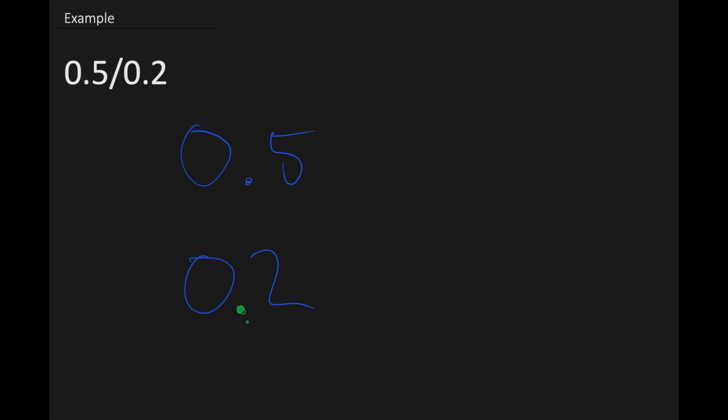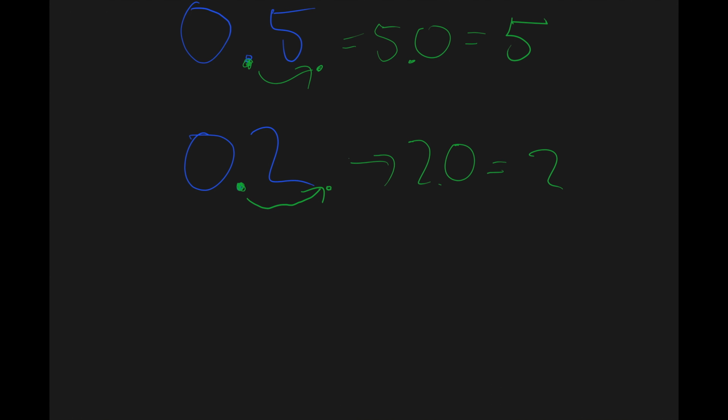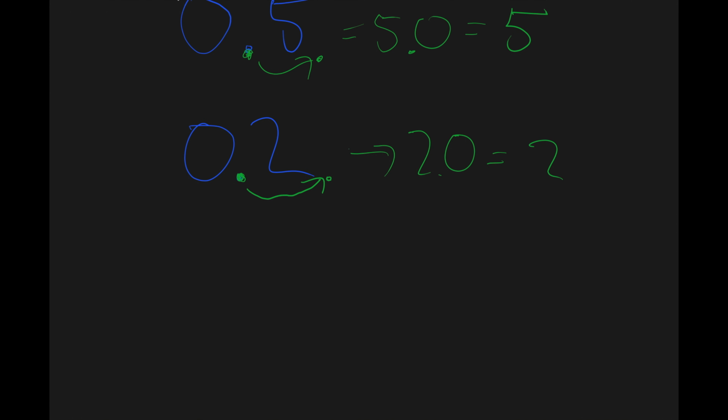Draw that point there, and we're going to move that there. Now, this number is converted to 2.0 or 2. Now we're going to take 0.5. I'm going to move that decimal point 1. Now that number is now 5.0 or 5. So now let's actually do the problem.